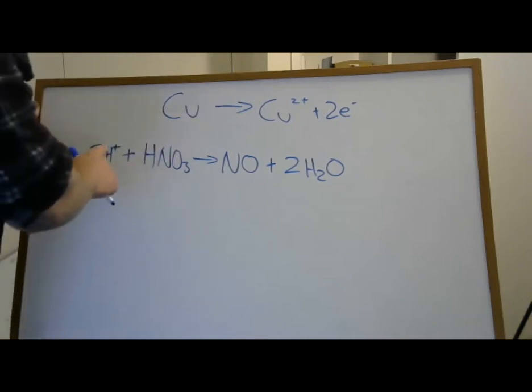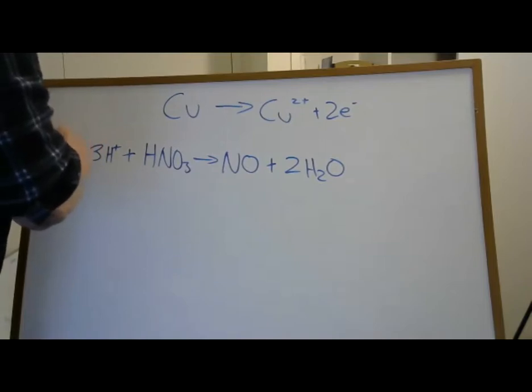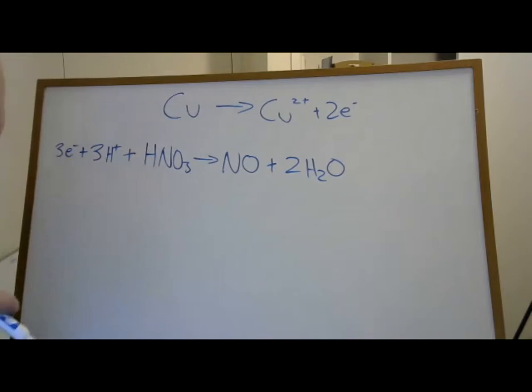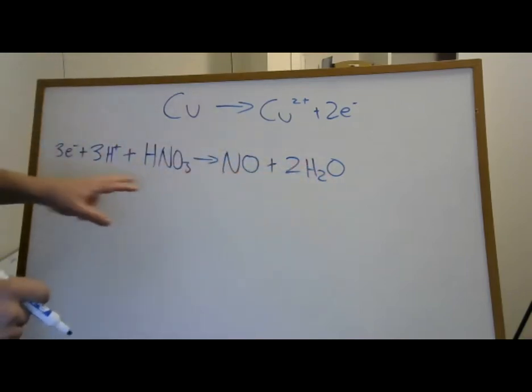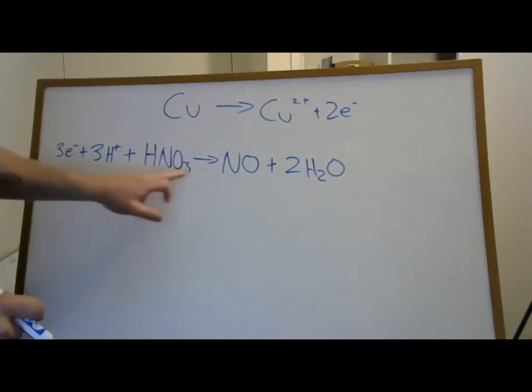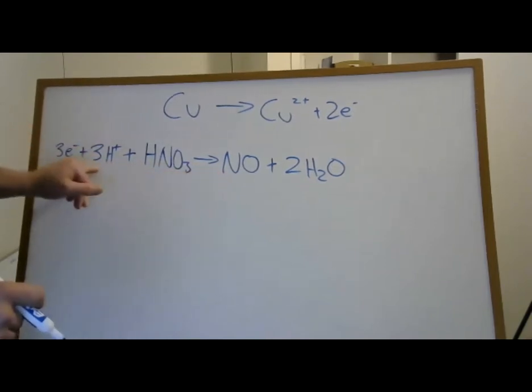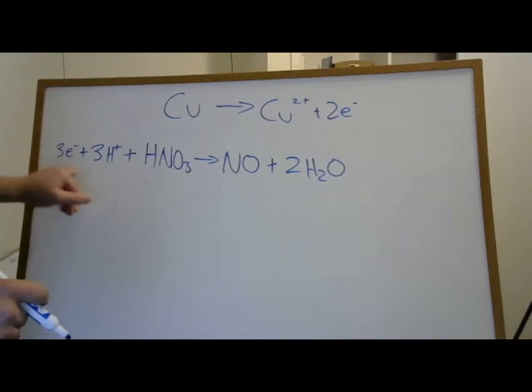So all we do is add 3 electrons. So now we check: oxygen balances, yep. Hydrogen balances, 4, 1, 2, 3, 4. Nitrogen balances, and the charge is still 0 on both sides.